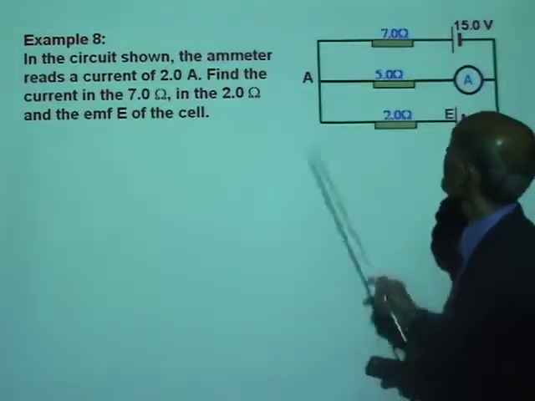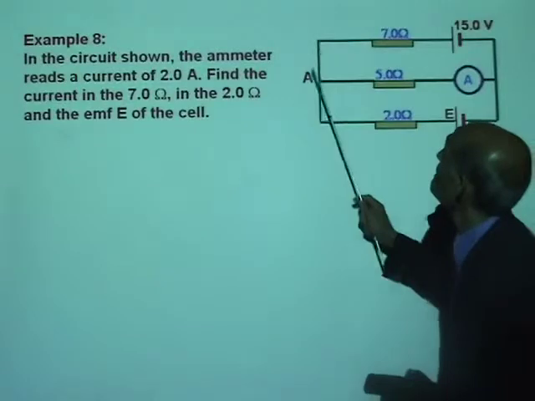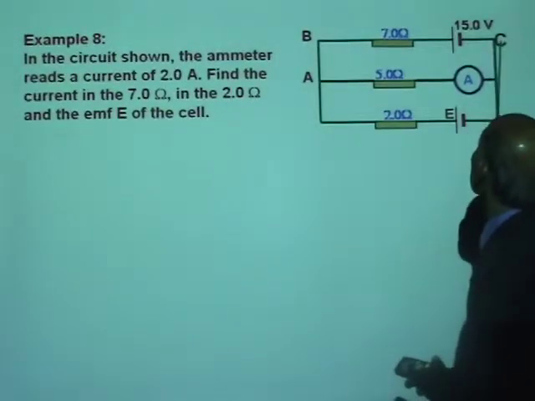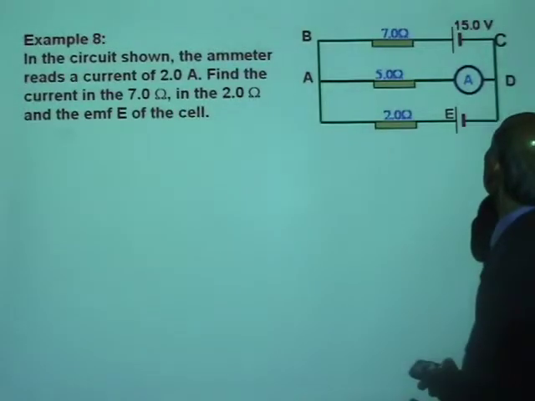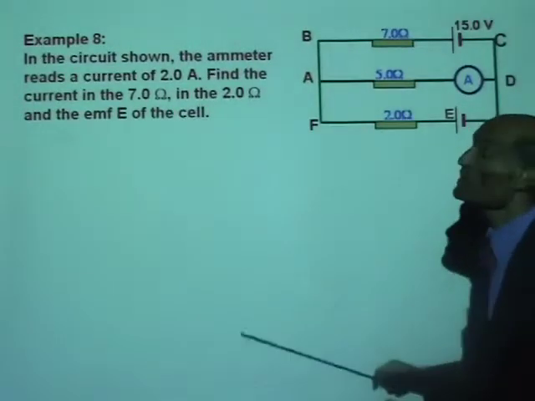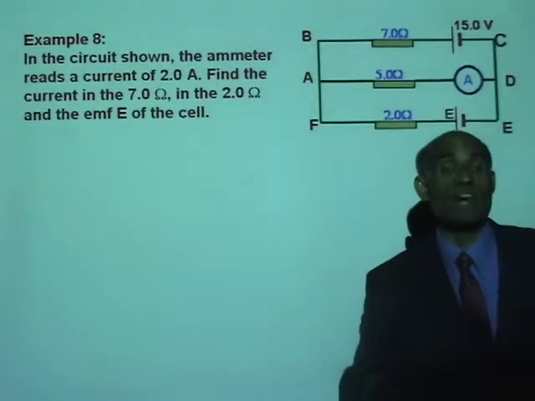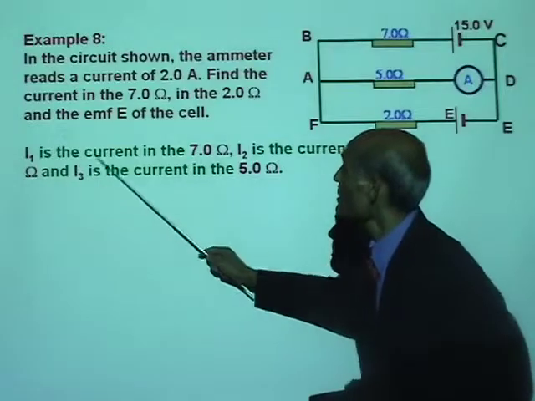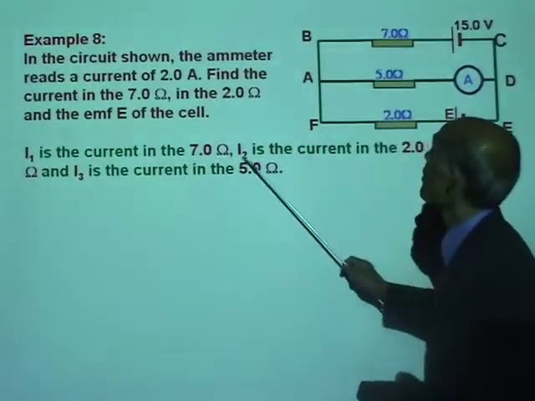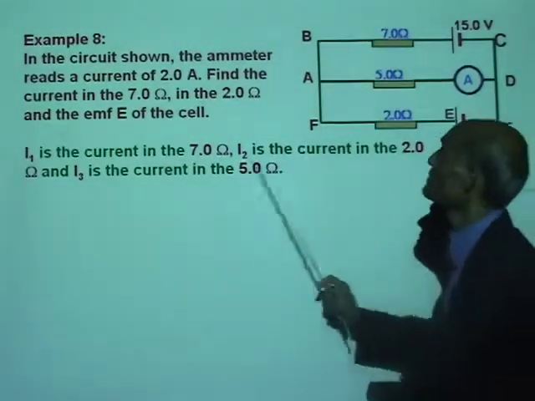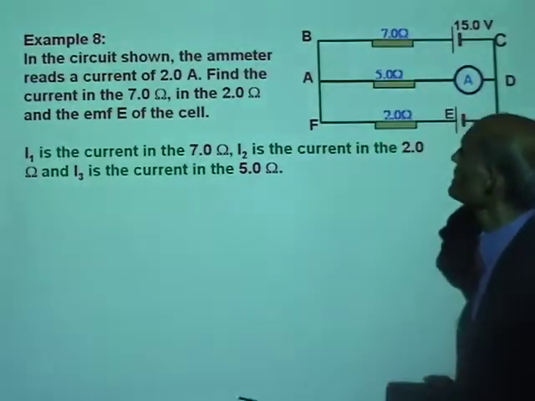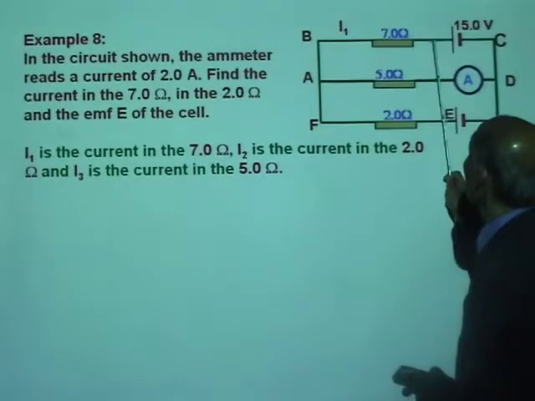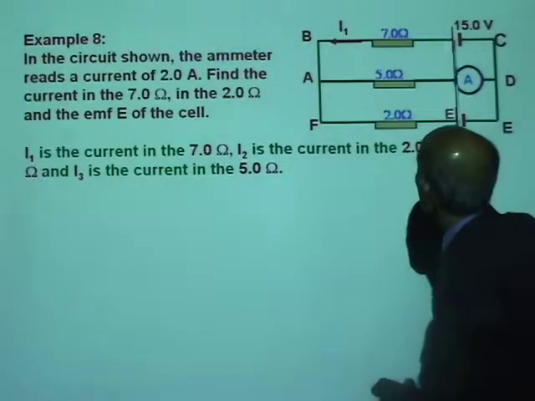First of all, let's give names to these junctions. Let that be A, that B, that C, that D, E, and F. These names are important for us to trace out our loops. Let I1 be the current in the 7 ohm, I2 the current in the 2 ohm, and I3 the current in the 5 ohm.